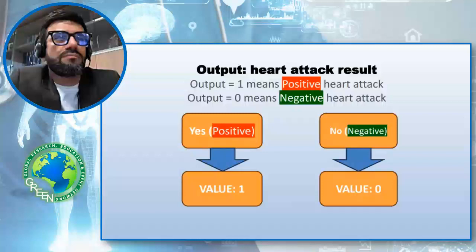So all of this stuff that we have talked about, working with machine learning, are the attributes. We are working with them to get the outcome as an output, a 1 or a 0.